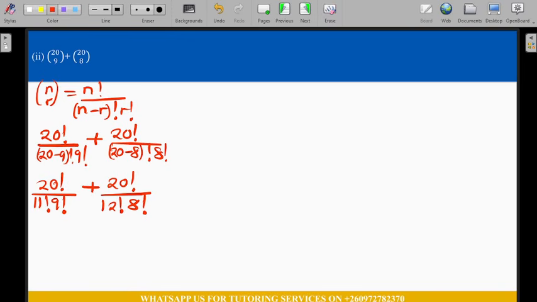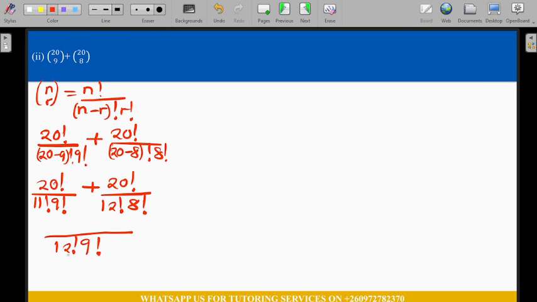So now after reaching here, that's where we get the common denominator. Like I said, make sure you check as you are getting the common denominator. When you look at the first numbers, we have 11 factorial and 12 factorial. Between 11 and 12, 12 factorial will be greater. Also between 9 and 8, 9 factorial will be greater.